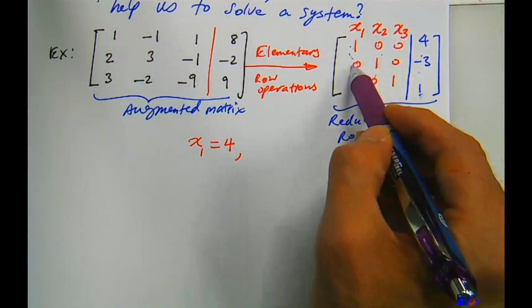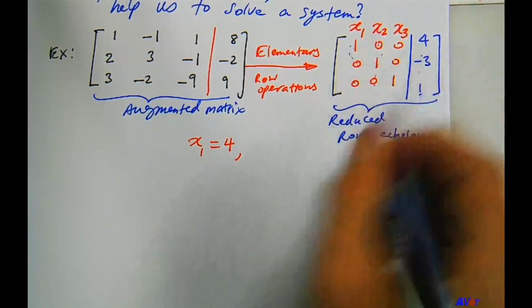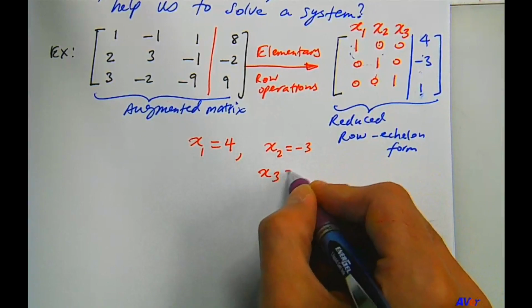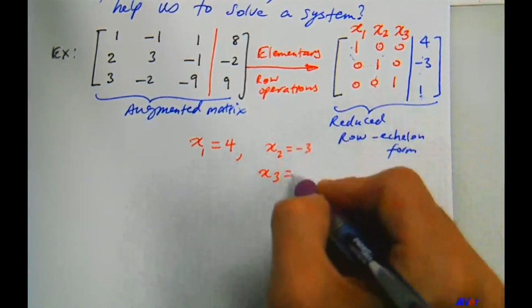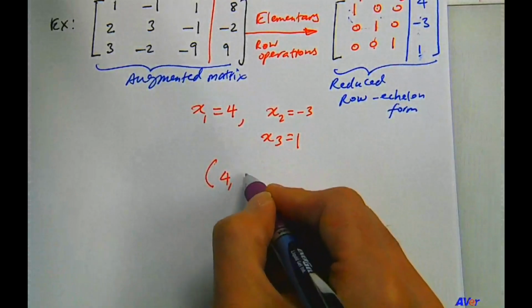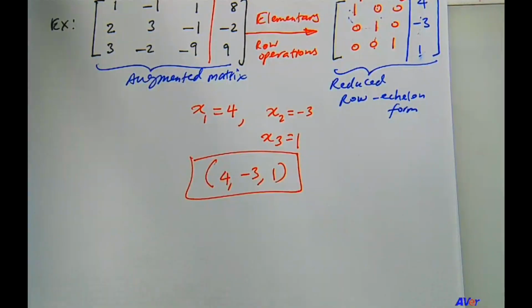The other 2 variables have coefficient 0, so they drop out. So x2 equals -3. And x3 is equal to 1. So we can put it together, 4, -3, 1, which is the final solution we got with the row echelon form, which we discussed before this.